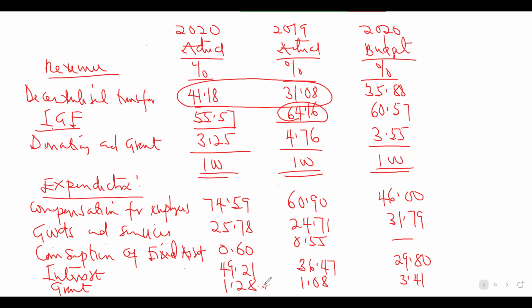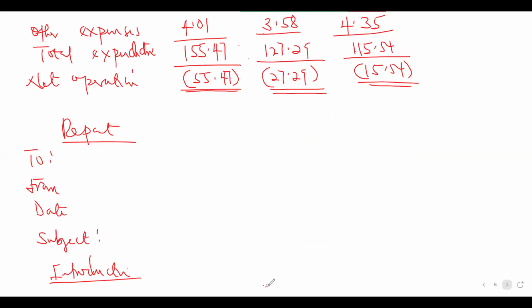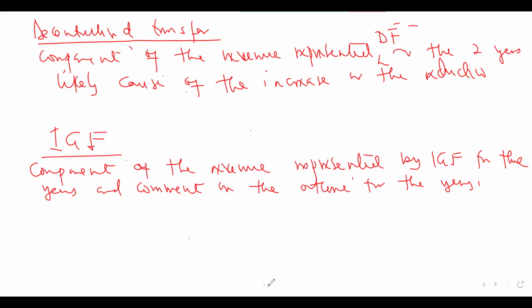Laziness of the workers at the assembly. Laziness can be a factor there, or maybe we don't have enough resources to do the revenue mobilization. Revenue collectors, so laziness can be a factor.